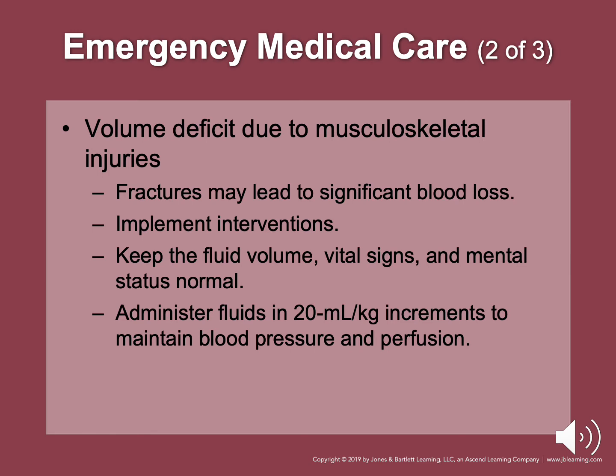Fractures may lead to significant blood loss from damaged blood vessels within the bone. Implement interventions such as direct pressure, splinting, and administering intravenous fluids to prevent the development of hypotension in an unstable condition. Keep the fluid volume, vital signs, and mental status normal, and administer fluids in 20 ml per kg increments to maintain blood pressure and perfusion.